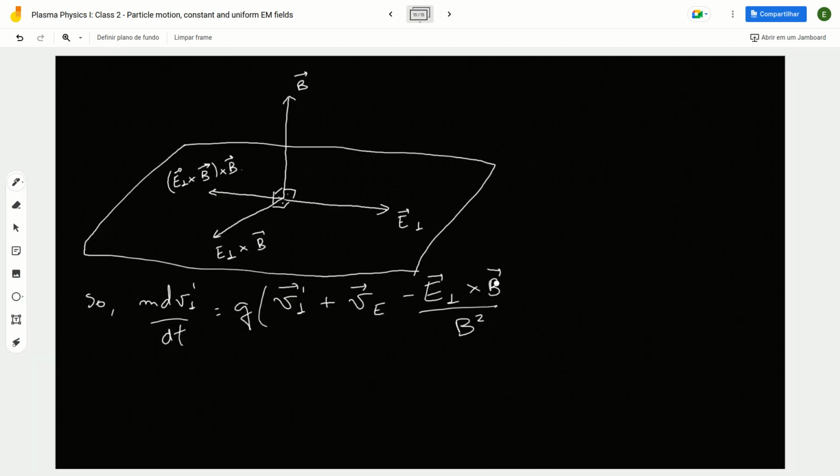I can multiply everybody by B. I can do it like this, right? 5.8.